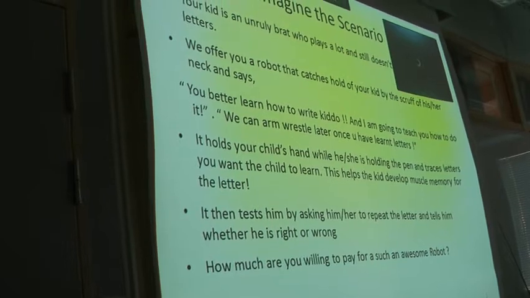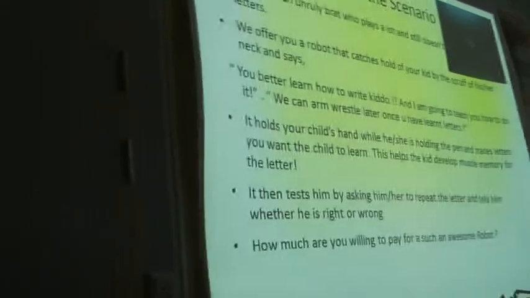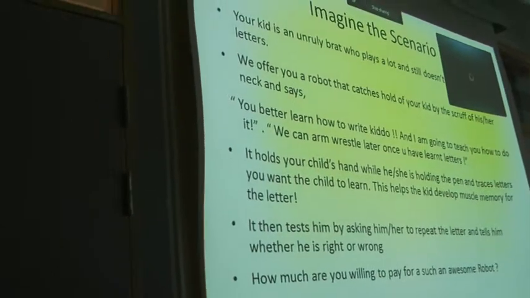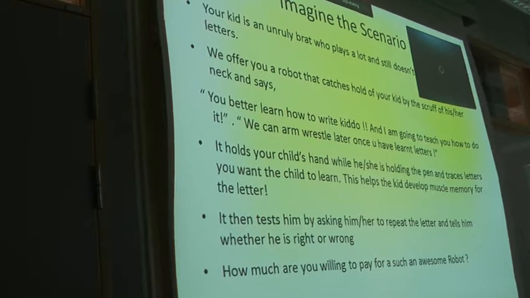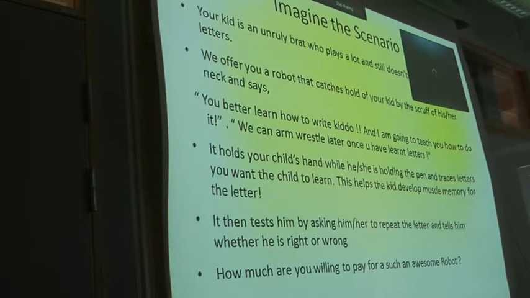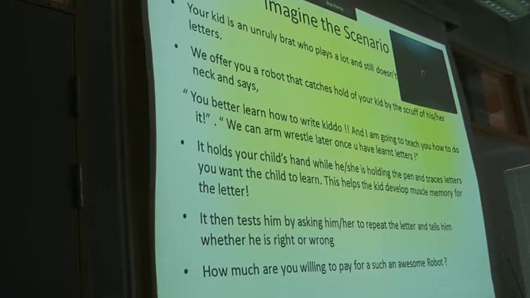So the original idea was for the robot to catch hold of the kid's hand and make him write the letter A, so that he develops muscle memory, and then ask him to repeat the letter and tell him if he's correct or wrong. So that was the thought process.